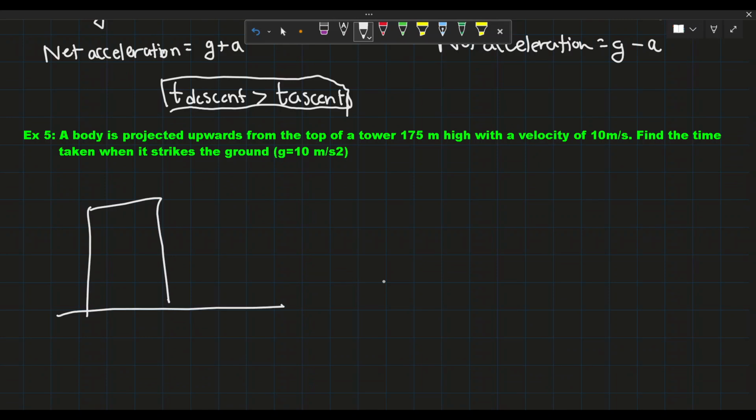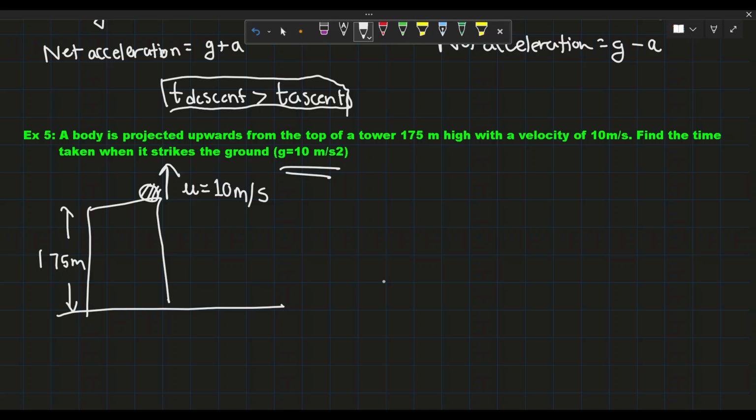Your tower is 175 meters high and you're projecting a body vertically upwards with an initial velocity of 10 meters per second, and it is given that we take the value of g as 10.